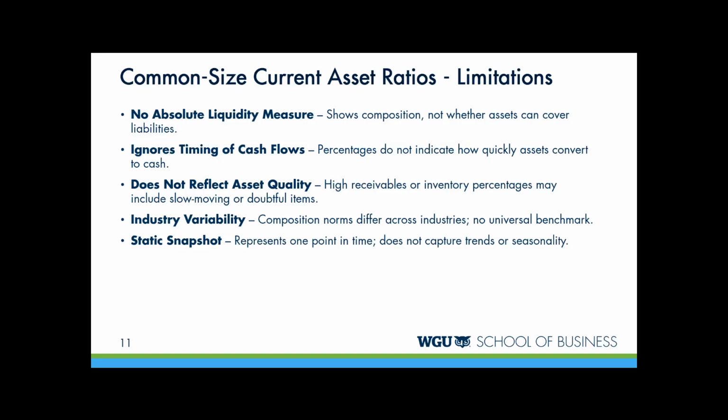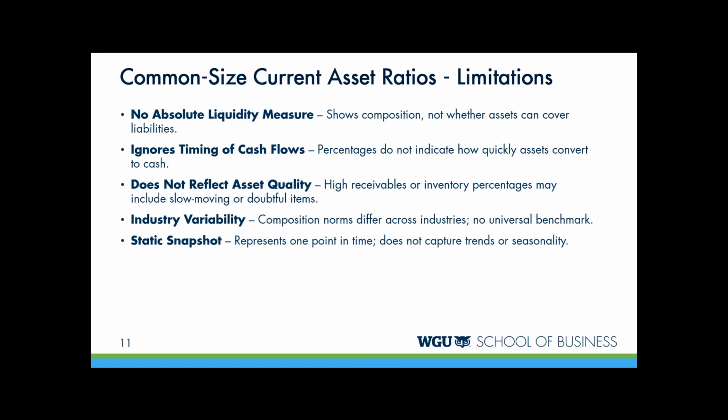There's folks that let their accounts go 90 days, sometimes over 120, and a lot of times those folks default on their payments, and that creates a bad debt expense. So while we know the quantity of those specific current assets, we don't know how quickly we're going to be able to convert them to cash.